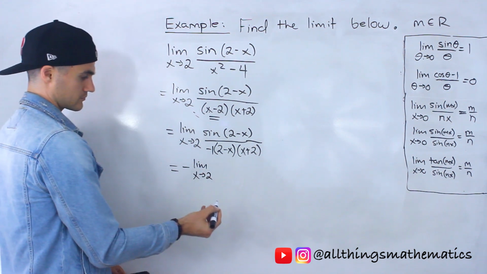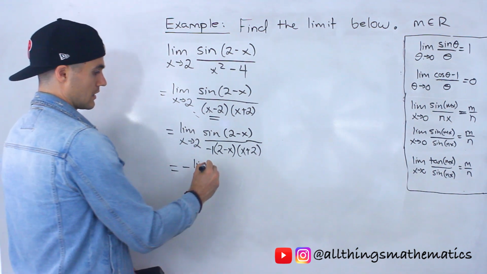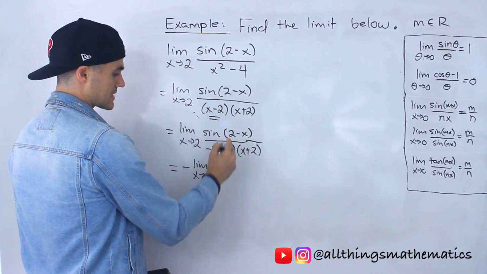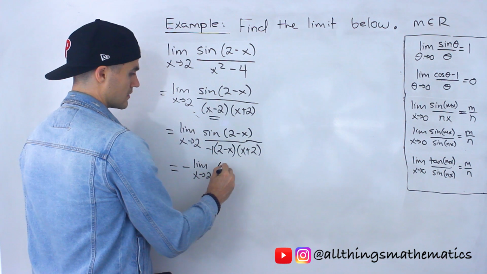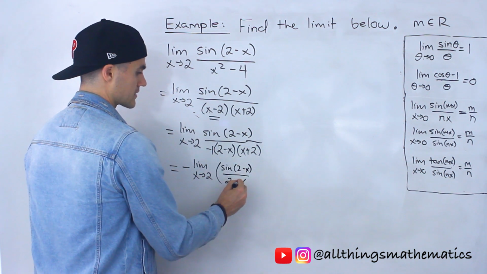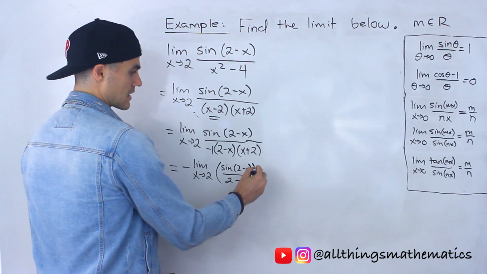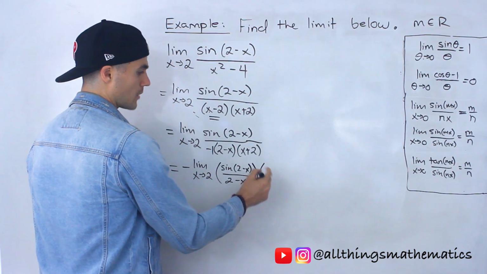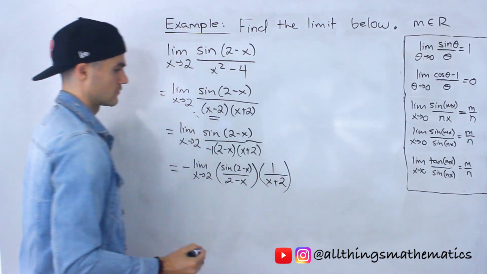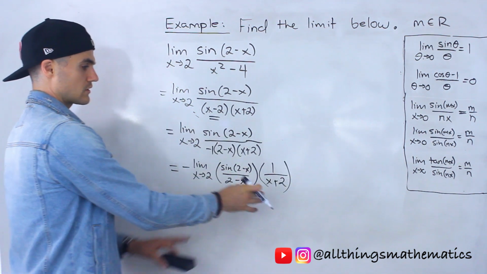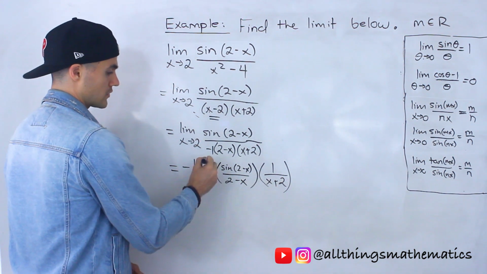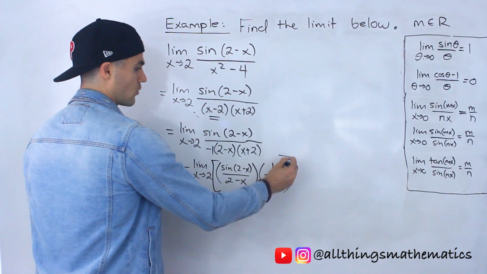Then I'm going to take sine of (2 minus x) and put it over this factor here, 2 minus x. But we have this x plus 2 remaining in the denominator, so I'm going to create a separate expression for that. I split this up into 2 expressions that are multiplying each other, and they're still part of this overall limit.